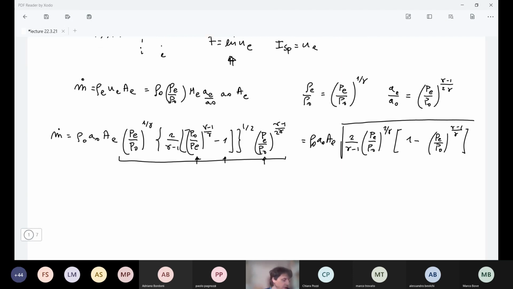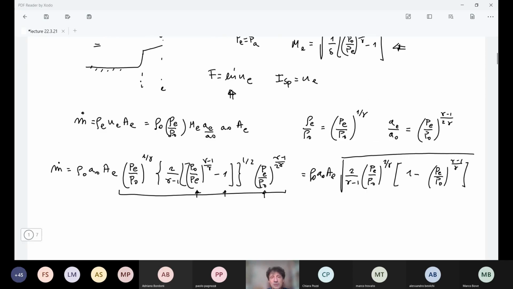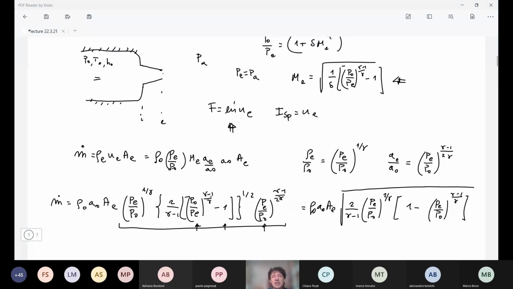So we notice that in this expression we have, let's say, a constant part for a given exit area. So we go back to this drawing. We have a given exit area here. We have just this shape.